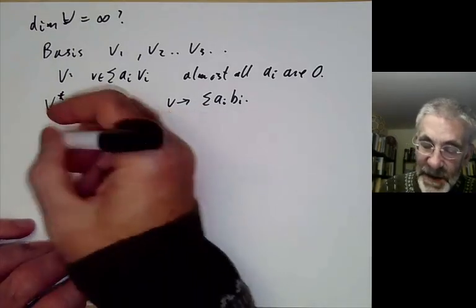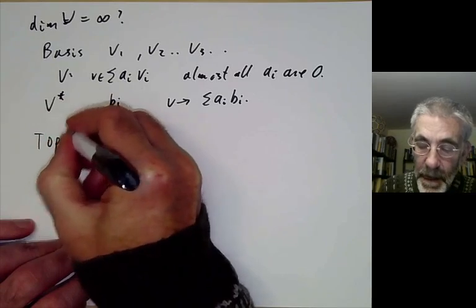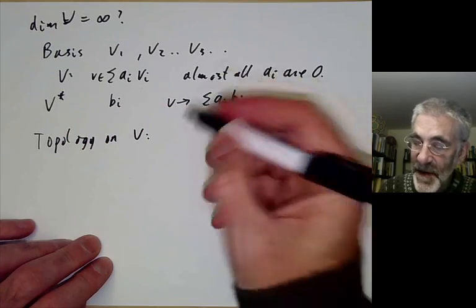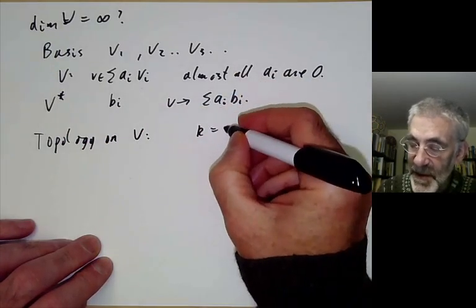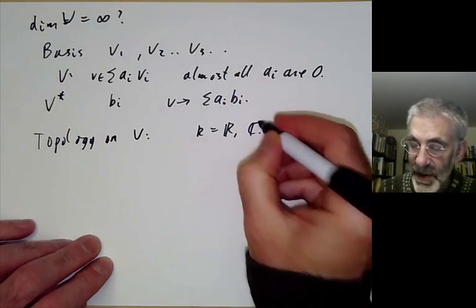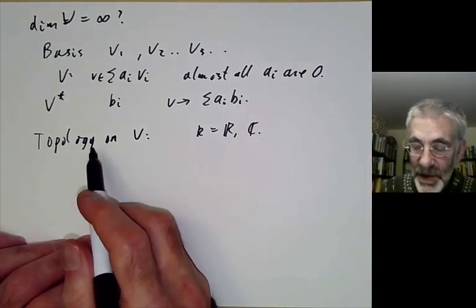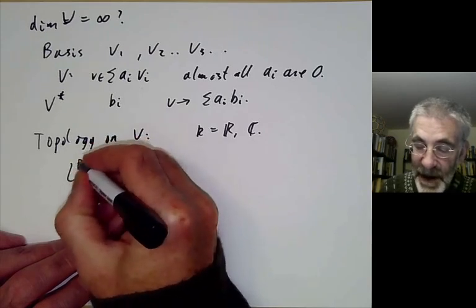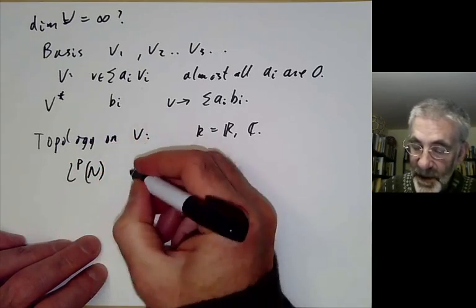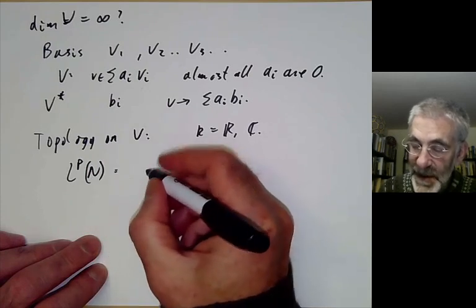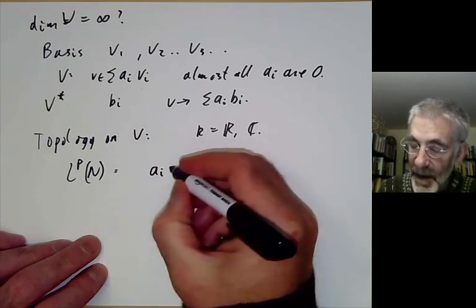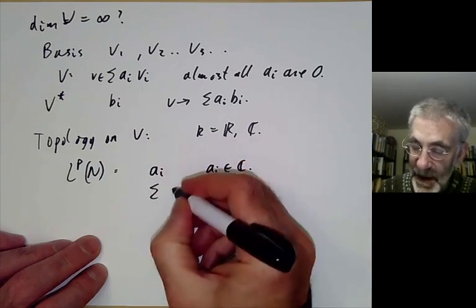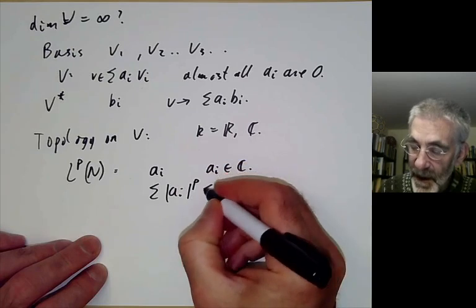What we quite often do is put a topology on V. For instance, suppose V is a vector space over, say, the reals or the complex numbers. What we can do is put a topology on V. For example, we can define spaces L^p of n to be the sequences a_i, with a_i in, say, the complex numbers, such that the sum of |a_i|^p is finite.